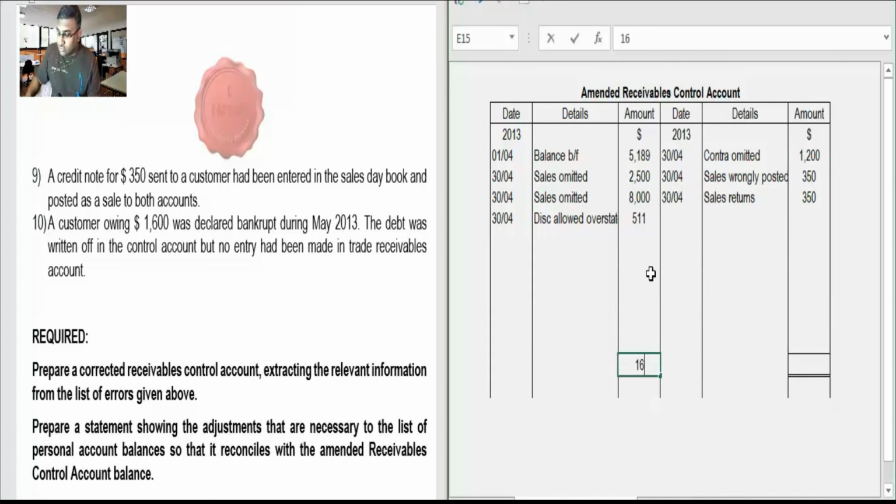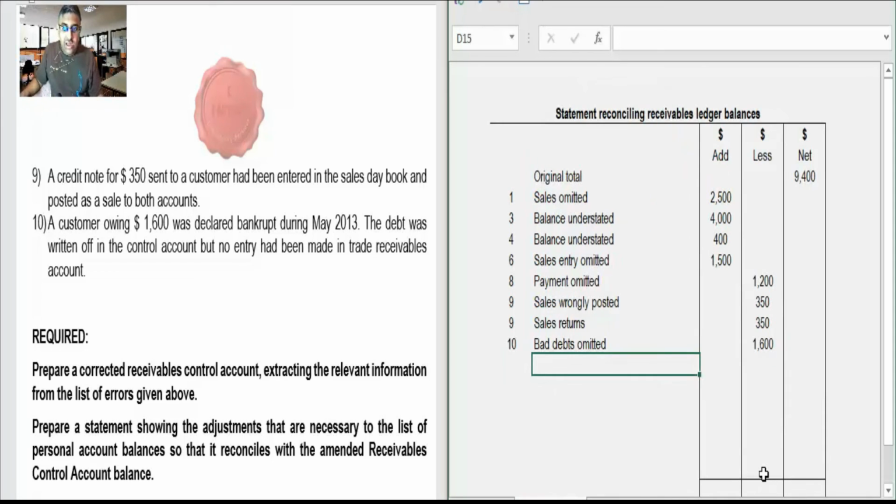So we have totals of $16,200 on both the debit and credit side, and the amended receivables control account falls short by $14,300 on the credit side, dated the 30th of April. This is my balance carried forward, which will eventually become my opening balance on the 1st of May.